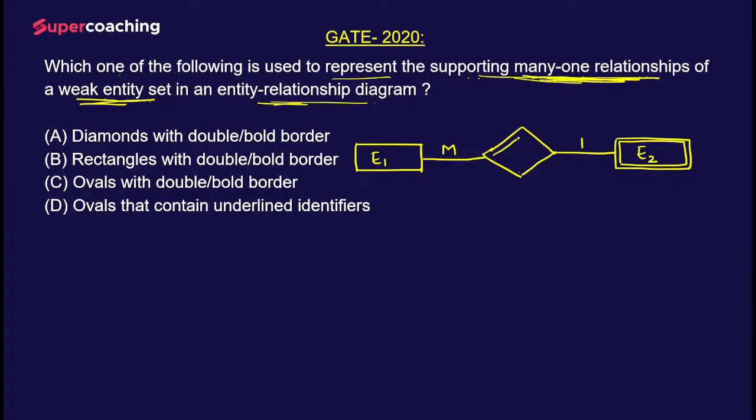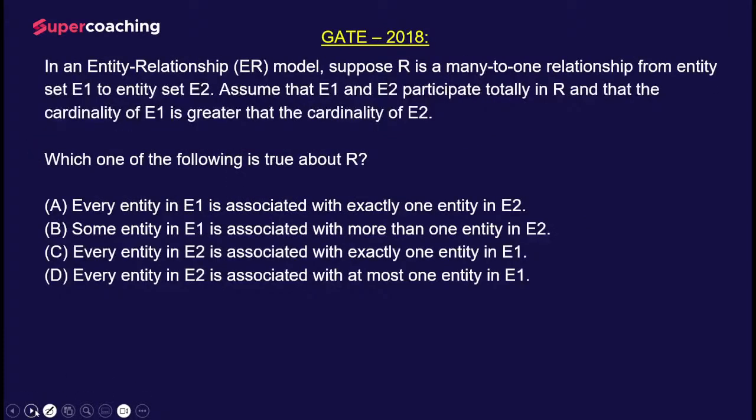Obviously this relationship will be the identifying relationship, and this participation will be total. The identifying relationship is represented by a diamond with a double or bold border. Make sense? So the correct answer for this question is option A. Next one.